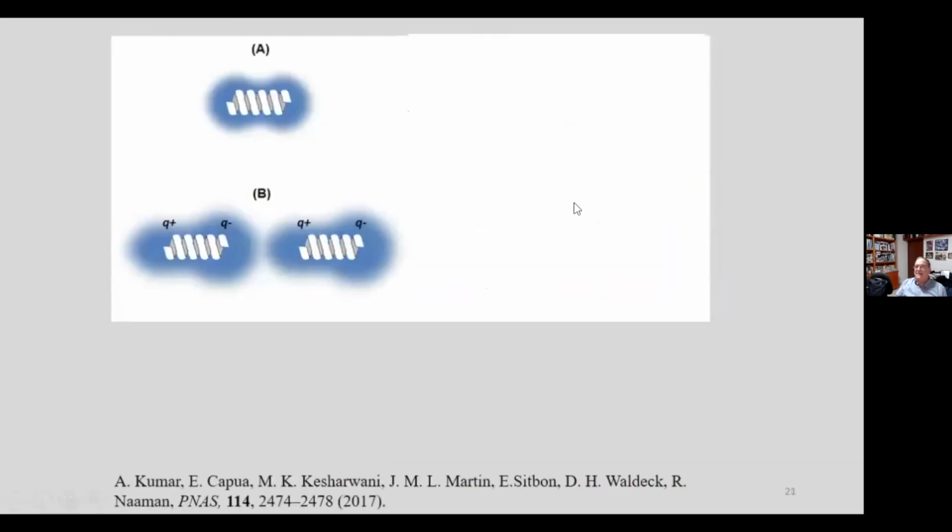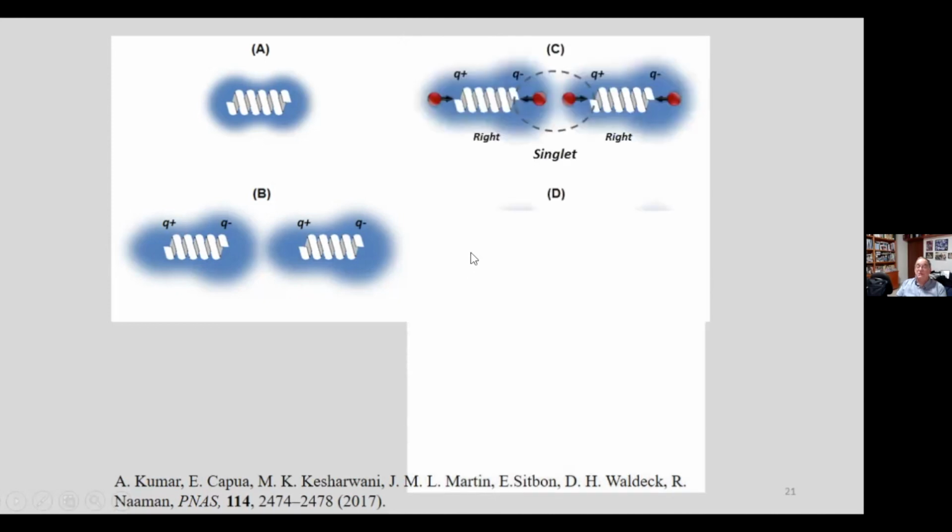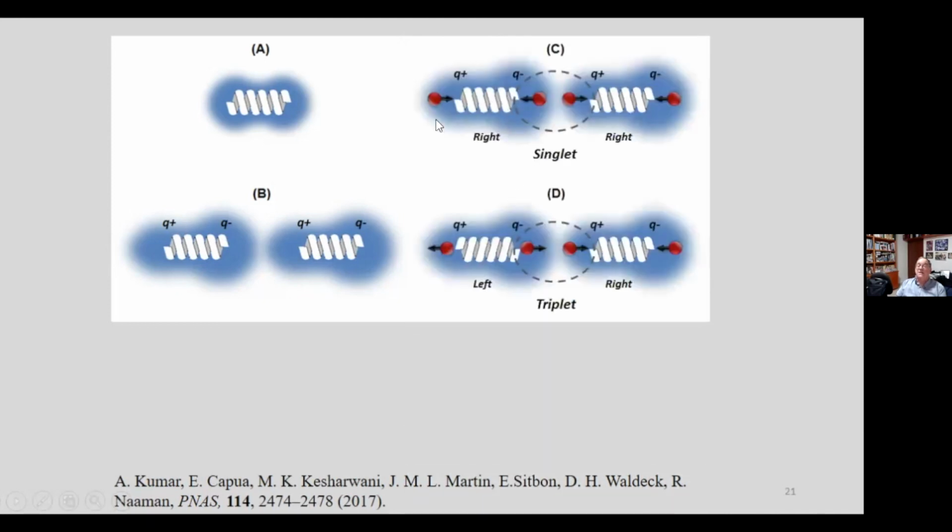So what it means now, think about two chiral molecules that are coming to interact. Very schematically, let's assume that what we have here is two molecules that are not charged. Now they come near each other, and due to induced dipoles, two dipoles are formed. As I mentioned, when we have dipoles, associated with each dipole there is spin polarization. So when the molecules interact here, we realize that if they are the same chirality, we get a singlet.